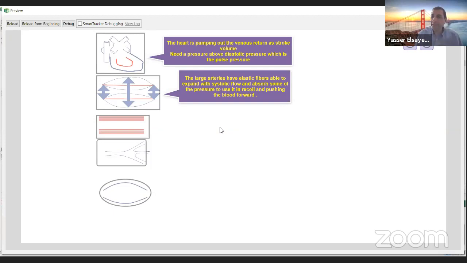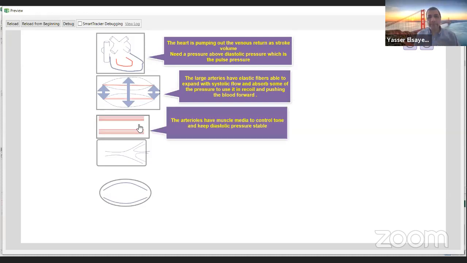When the heart pumps, the elastic fibers of the aorta enlarge to absorb some of the pressure, and with the recoil this pressure is released to maintain the diastolic pressure. This diastolic pressure is propagated to the arterioles. In arterioles, there are no elastic fibers. We have only muscular media, and the tone of this muscular media is controlled by the autonomic nervous system to keep the diastolic blood pressure normal.